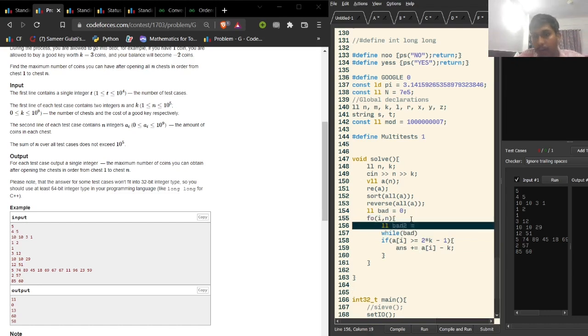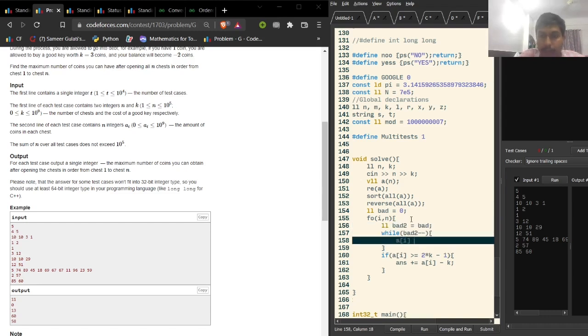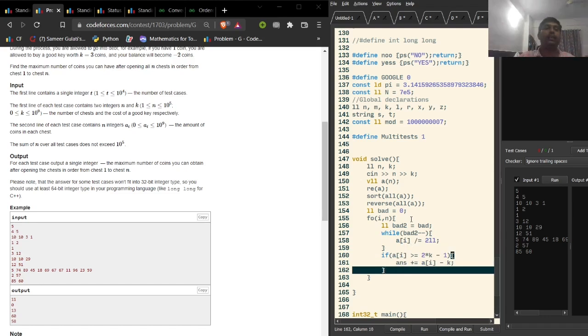Let's just first calculate the value properly, and not calculate it ad hoc. Okay, if we have less than k coins at any point, then there is no point using a good key, because to get any value from them, we will have to use a good key.